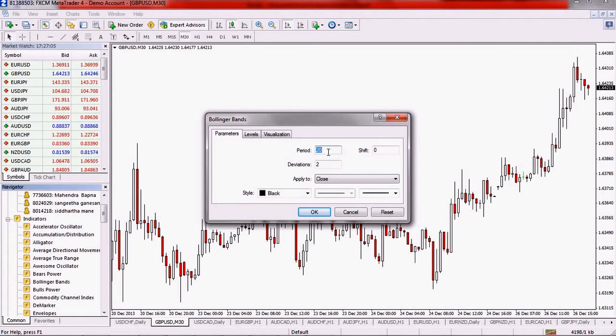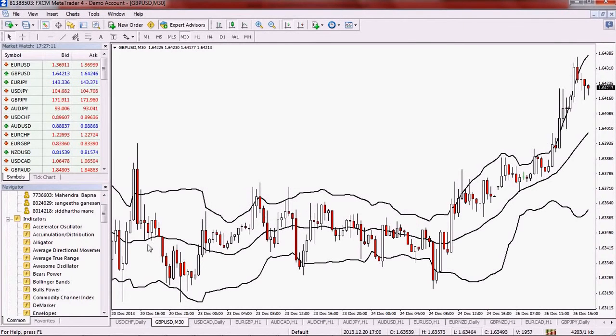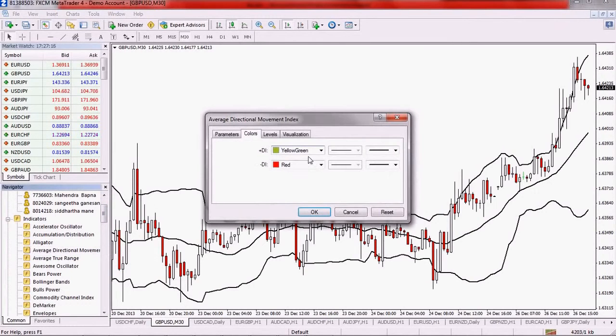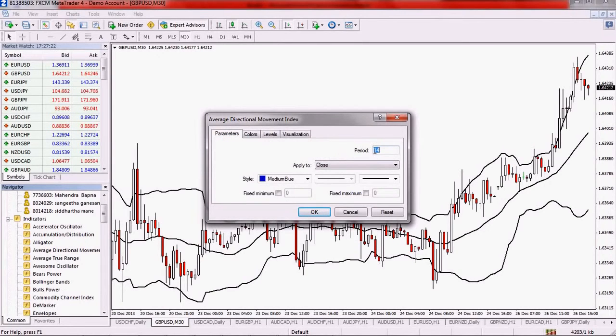These are the default settings, so you can use the default settings for this one. Put the Bollinger Bands on it, and then put the Average Directional Movement Index, ADX. For the ADX, let's give the parameters: the ADX period you can leave as 14, and I just changed the color to medium blue.